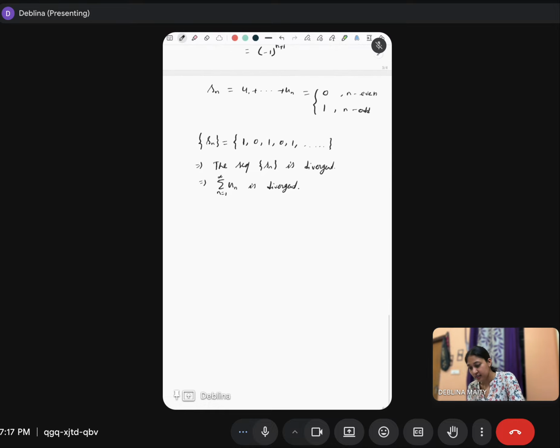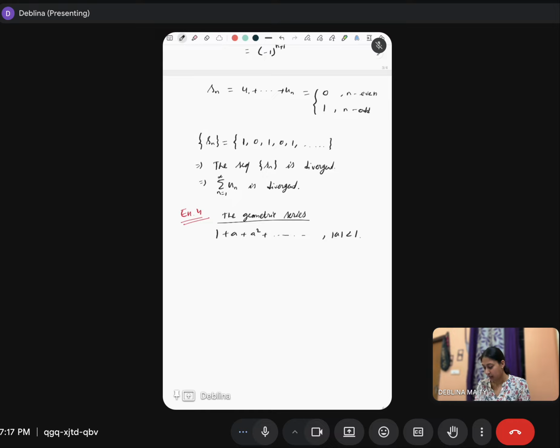Okay, let's go to the next one, which is the geometric series. So the geometric series is actually 1 plus a plus a square plus so on, where mod a is strictly less than 1.